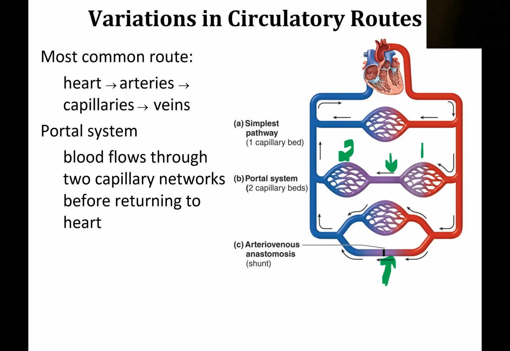So there's not going to be exchange here. And this can happen when the blood pathway needs to be rerouted. And so there's a capillary bed that gets avoided to get more blood flow to an area.